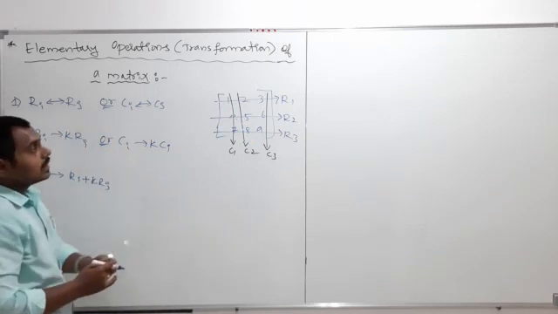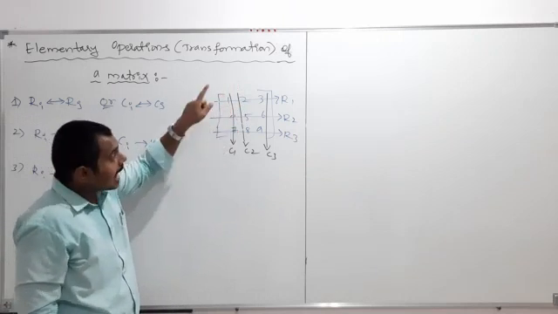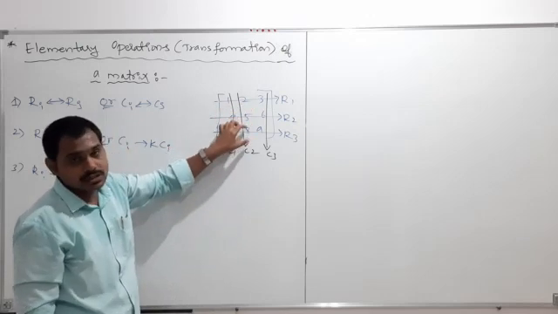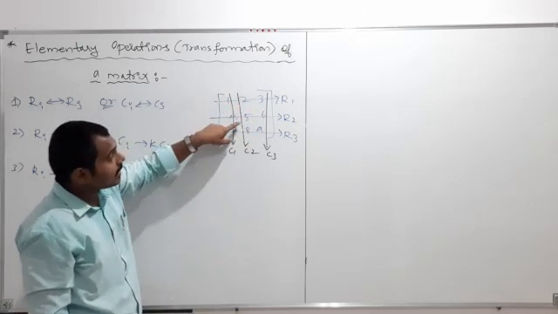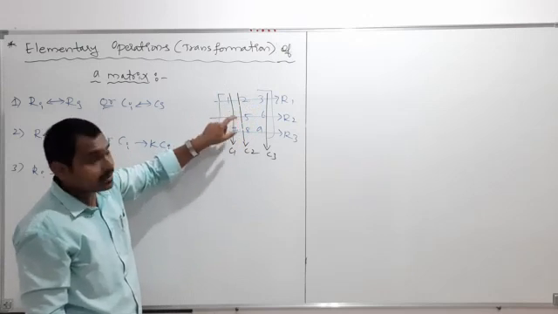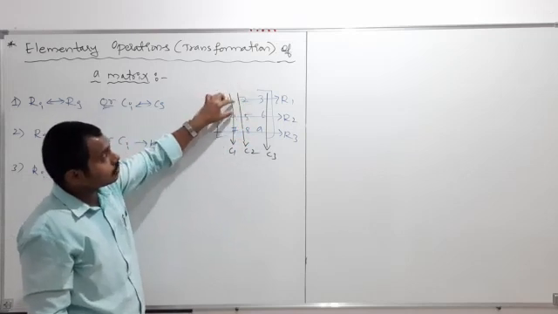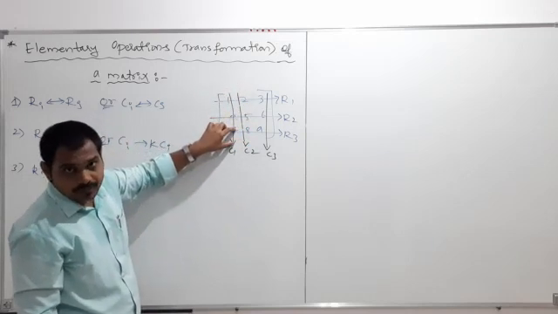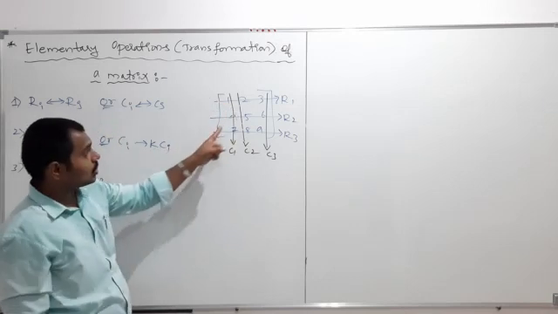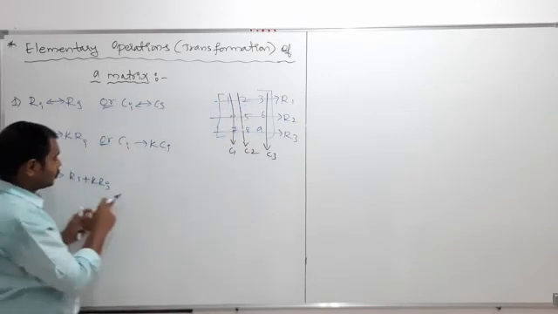So if I have any row, to this row I can add the corresponding row, either this row or this row. Any row you can take, I can multiply it with the non-zero constant, and after multiplying, I can add these two rows.